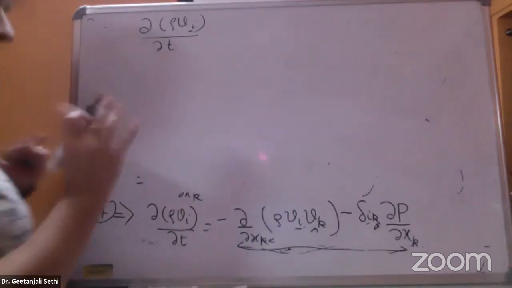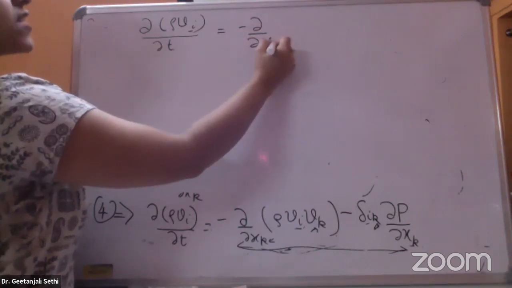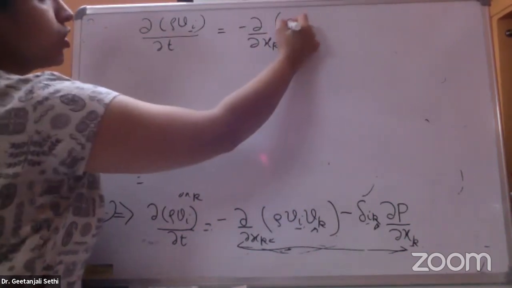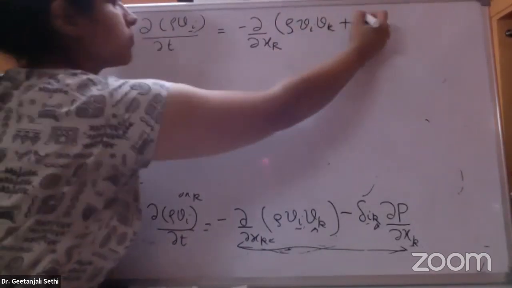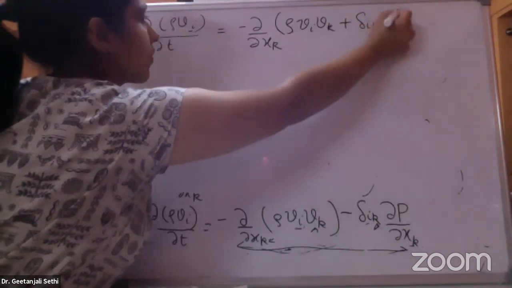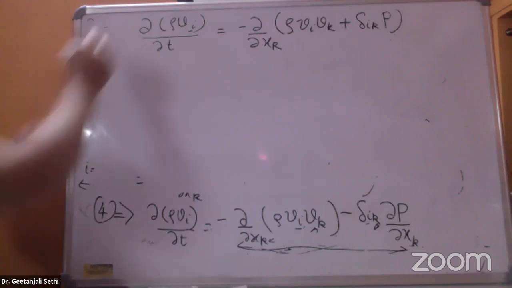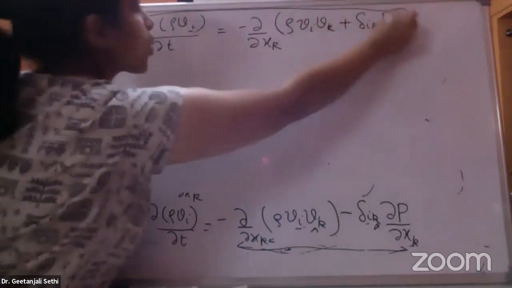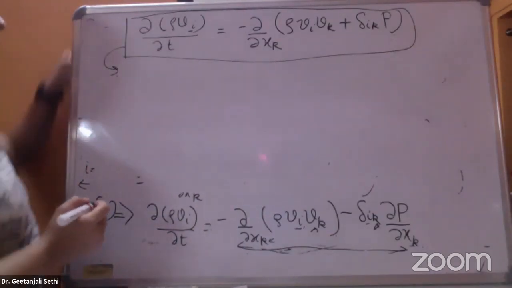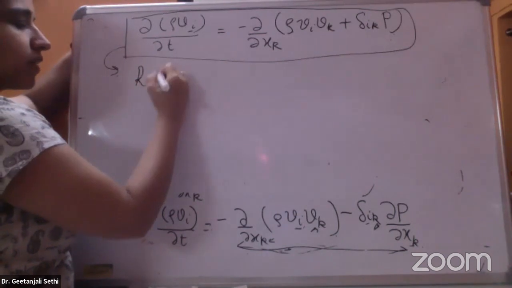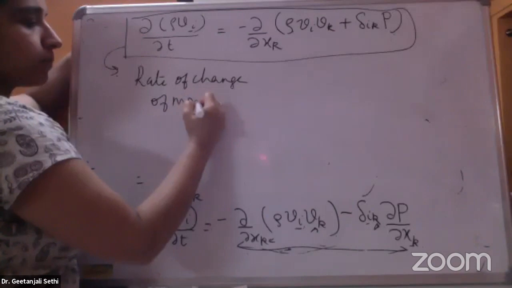My equation is correct. That's a very important check to verify whether your tensor equation is correct or not. So I can write the right hand side and I can write my equation. What was this equation, by the way? The left hand side measured rate of change of momentum.